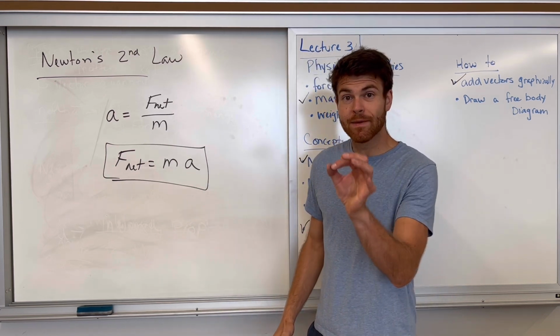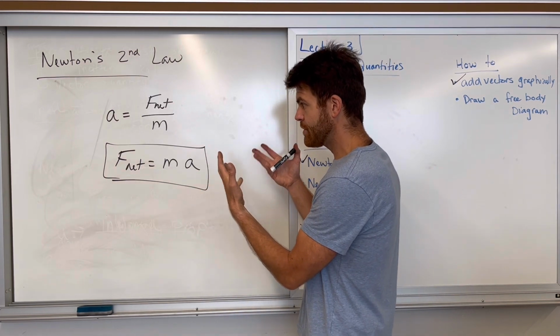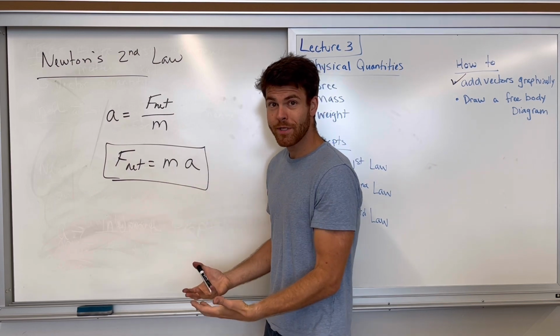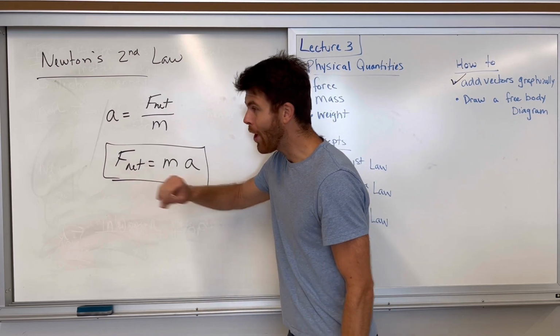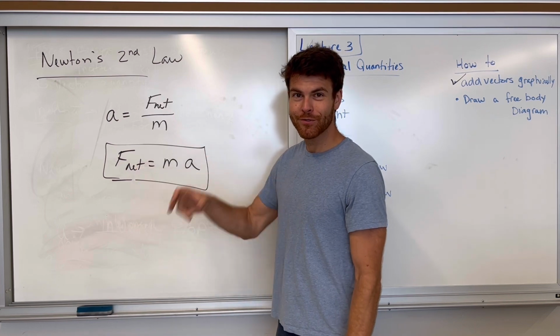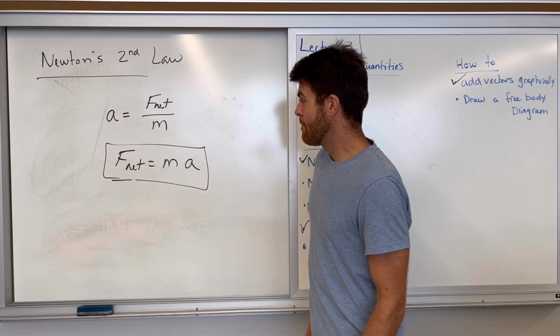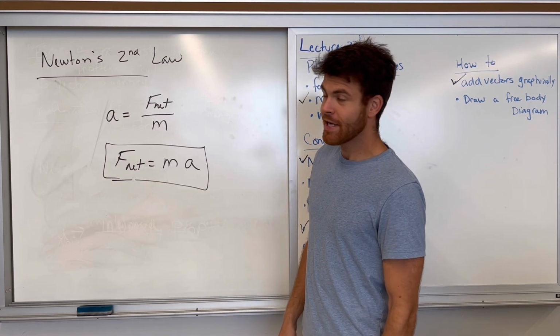Now, I want to stress that this is empirical, which means that we just observe it to be true. We don't know why. We don't know why the net force exerted on an object is equal to its mass times acceleration. No one has come to that answer.